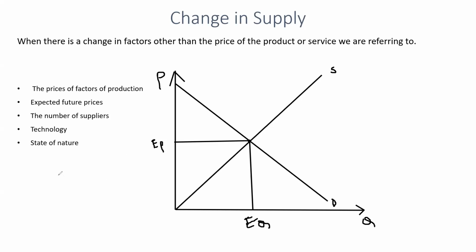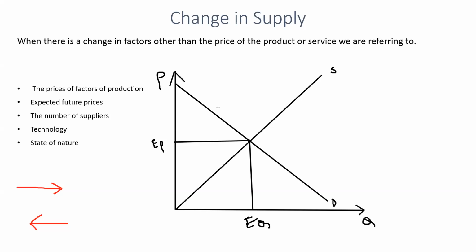If supply increases, there is a shift in the supply curve to the right. If supply decreases, there is a shift in the supply curve to the left. It could be based on the state of nature, technology, number of suppliers, expected future prices, or prices of factors of production. So let's say you're producing shoes and the price of leather, let's say you produce leather shoes and the price of leather increases, then it's going to cost you more to manufacture those shoes.